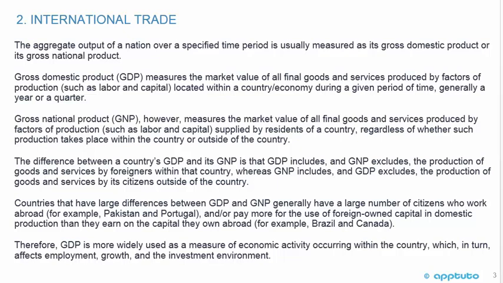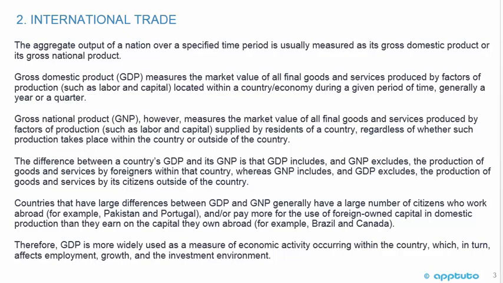So the difference between a country's GDP and its GNP is that GDP includes and GNP excludes the production of goods and services by foreigners within that country, whereas GNP includes and GDP excludes the production of goods and services by its citizens outside of the country.